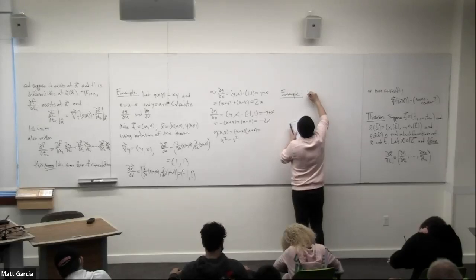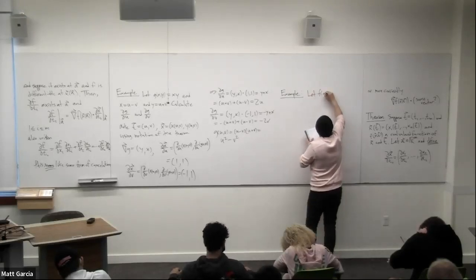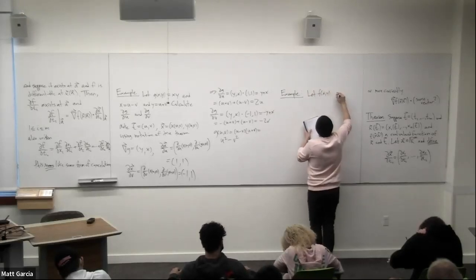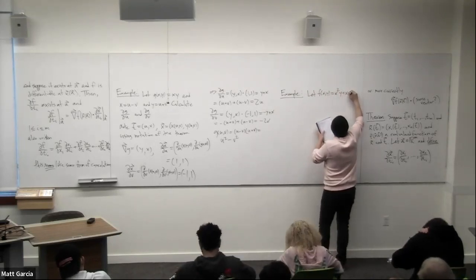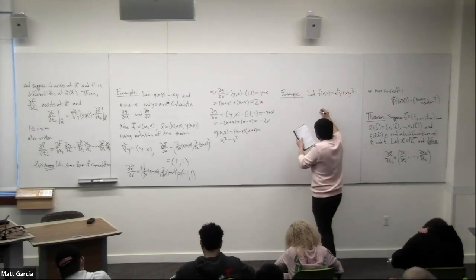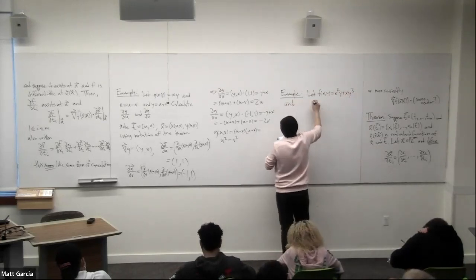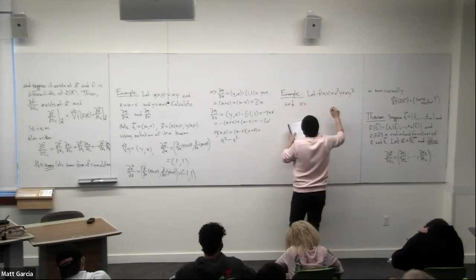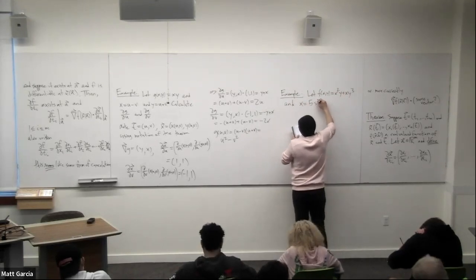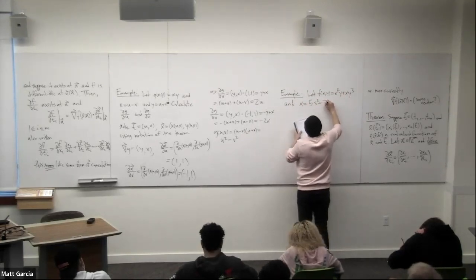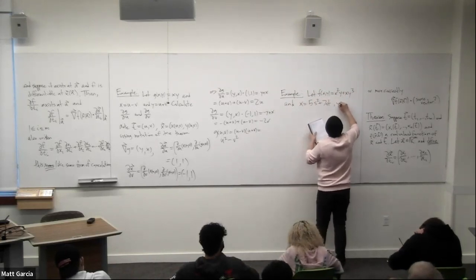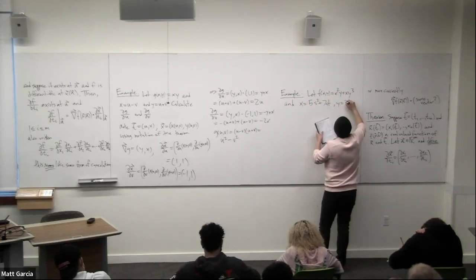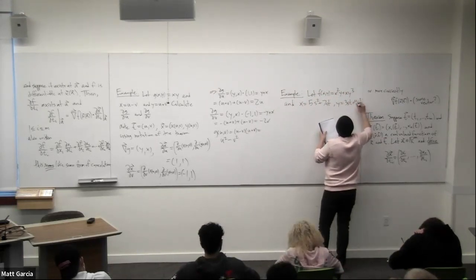So let f(x, y) be equal to x squared y plus x y cubed. And we'll also say that x is equal to 5s squared plus 7st, and that y is equal to 3st plus 4t squared.